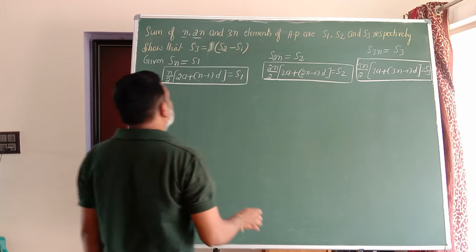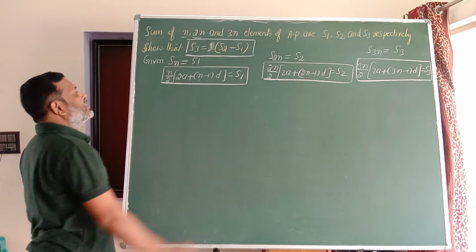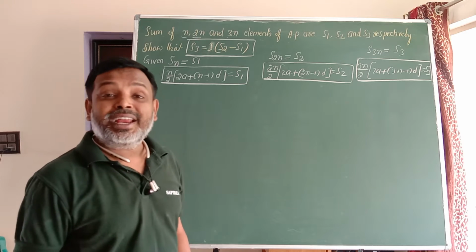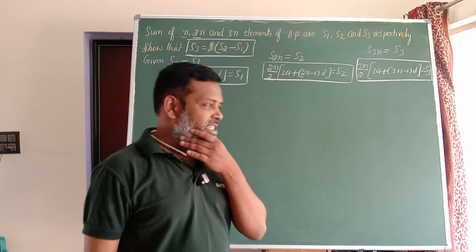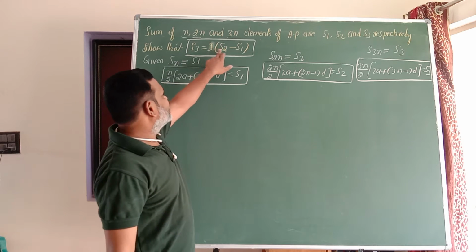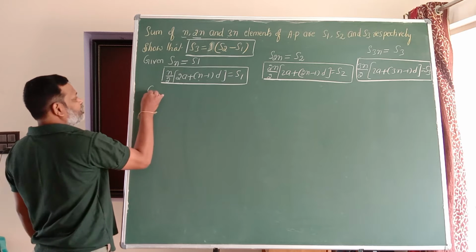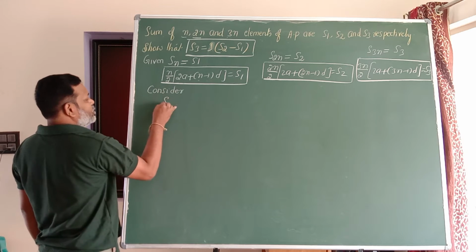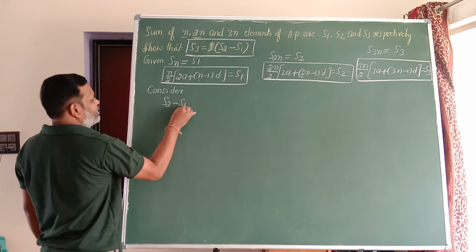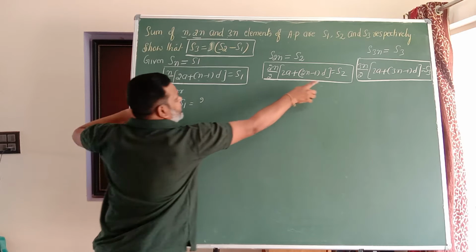Dear student, now we wish to show this one. What do we wish to show? That S3 is equal to 3 times S2 minus S1. For that, first let us consider S2 minus S1. Write down what S2 is.